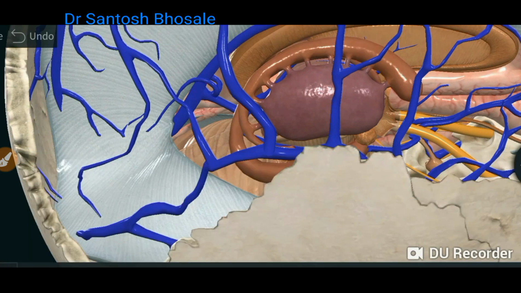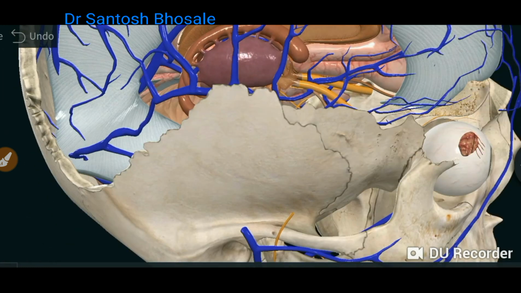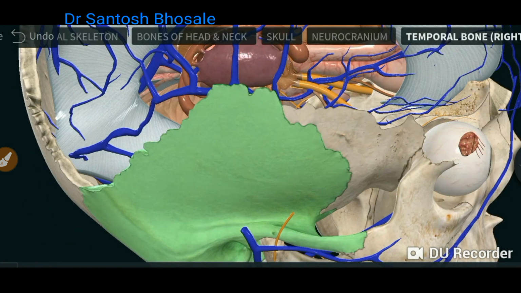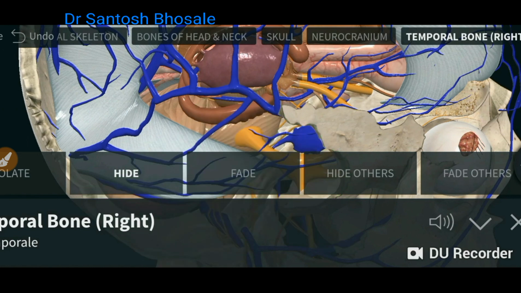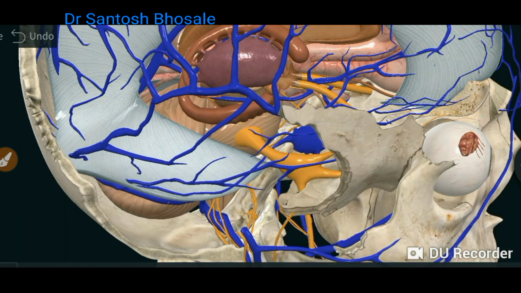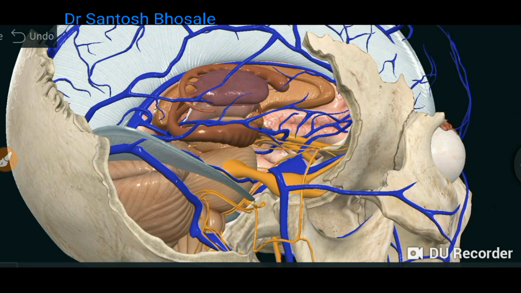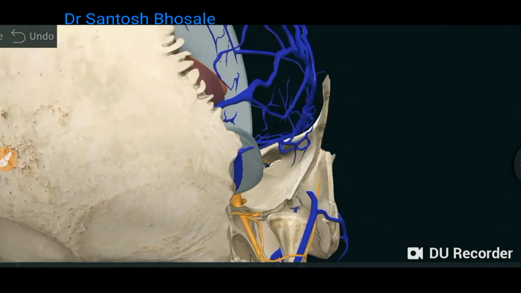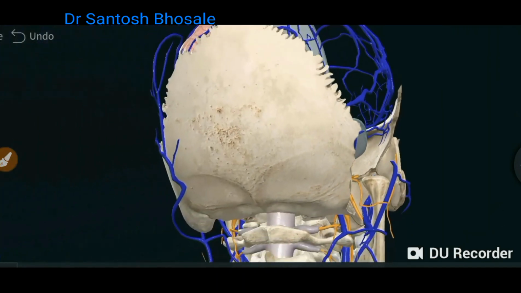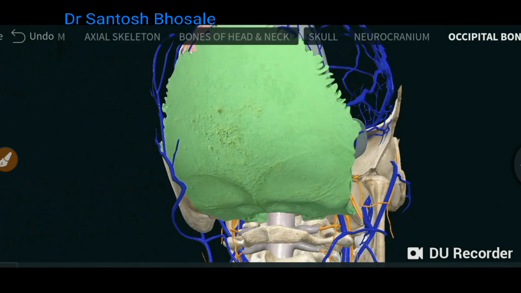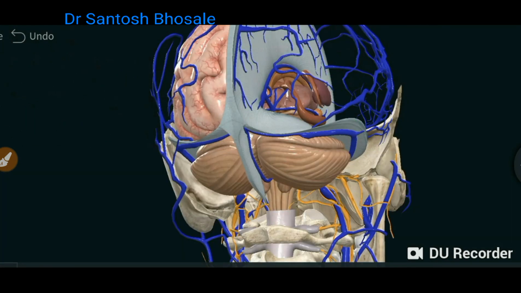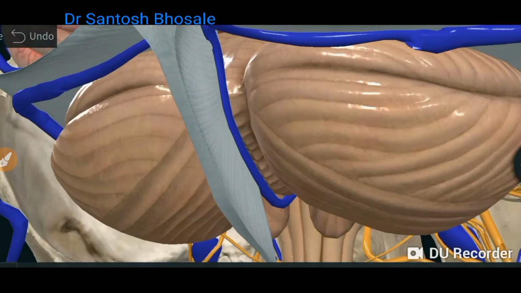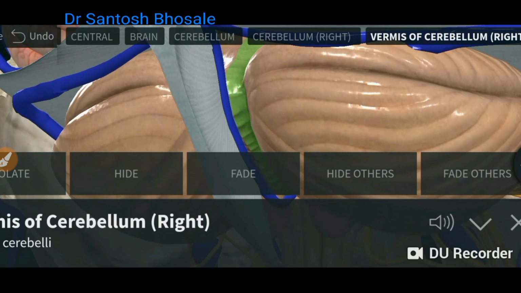And now coming to the occipital sinus, for that we have to remove the bones here. We are removing the temporal bone and the occipital bone here. This side we will remove the occipital bone so that we can see the occipital sinus, which lies along the posterior attached margin of the falx cerebelli. You can see this is the falx cerebelli and that is the vermis of the cerebellum.